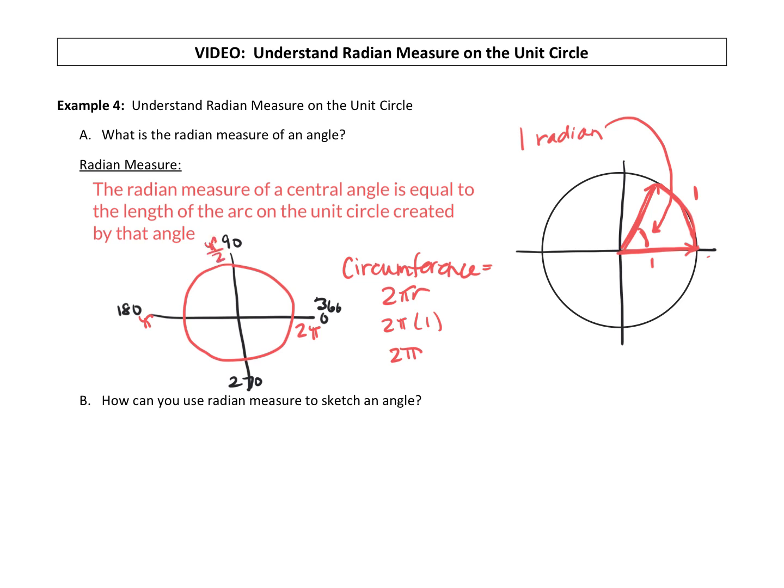So pi over 2 is the radian measure equal to 90 degrees.